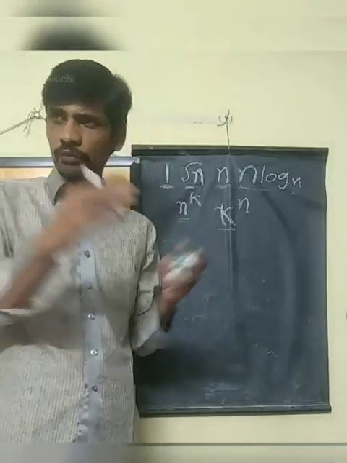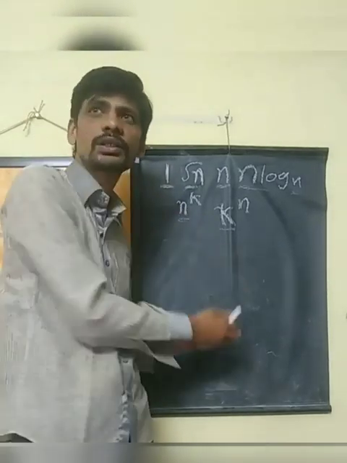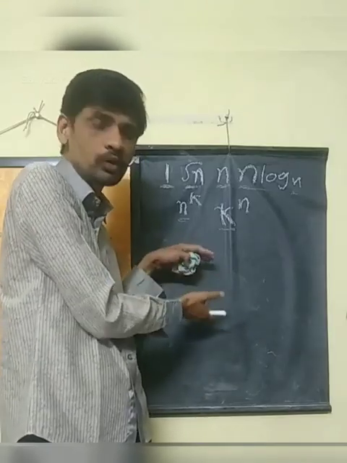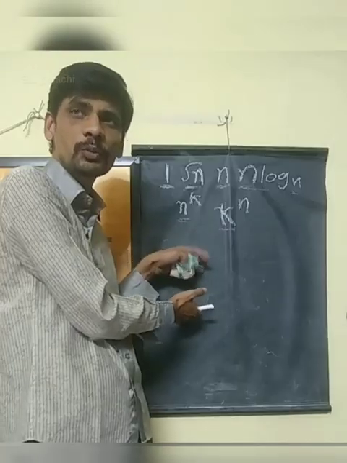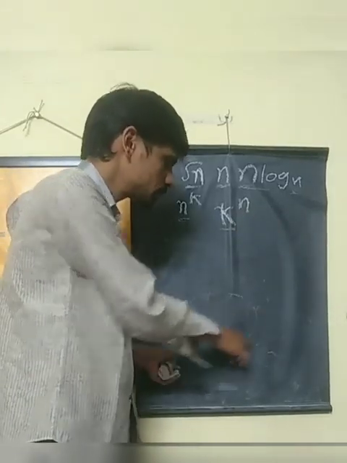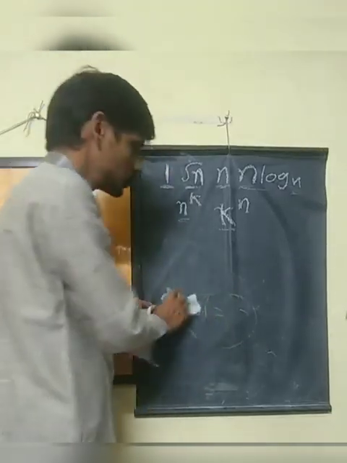Everyone should represent that time factor, the complexity of your program, in some notation. What is the complexity? It is your time and how many resources your program is consuming.